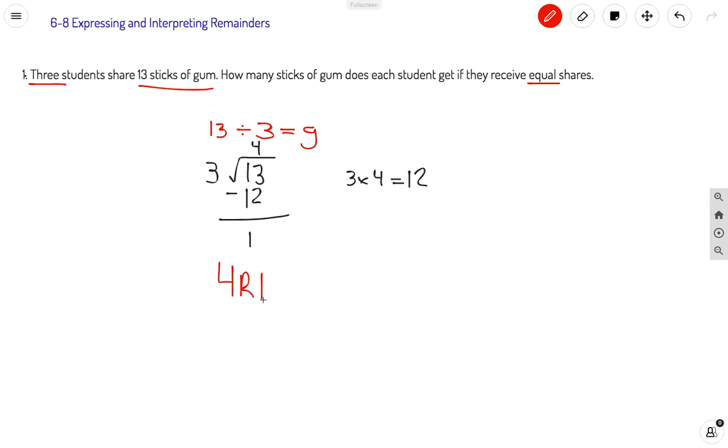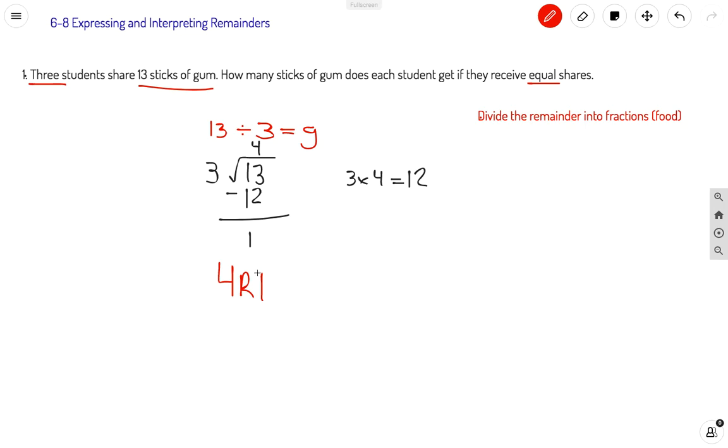Now the first way that we can interpret remainders with this story problem is to divide the remainder into fractions. You're going to see this most commonly with story problems that refer to food.